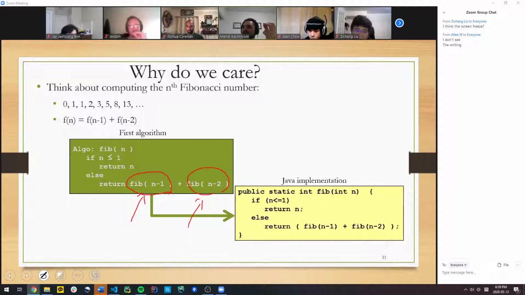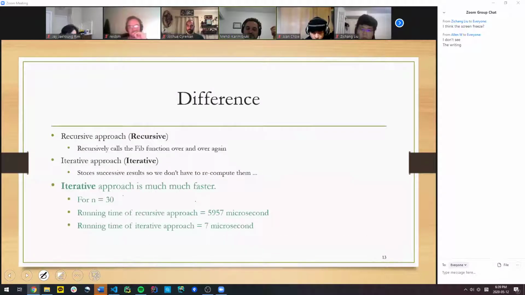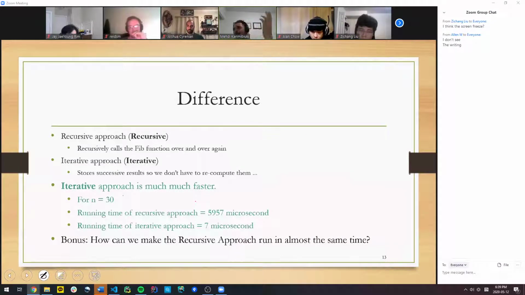If we cache them, we essentially can have quick access to those numbers, and then we can do that calculation pretty fast rather than having the function call itself, right? So the answer to this bonus question, it's not a bonus, I'm not going to give marks for this, but the answer would be that you basically use some caching method or some lookup table to look up the numbers for those recursive calls. All right.